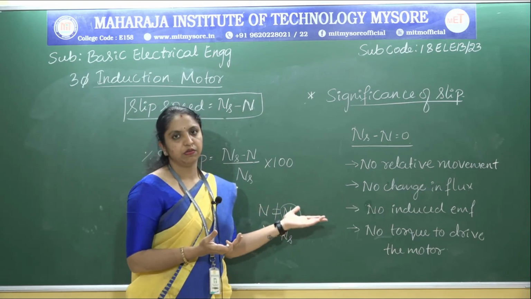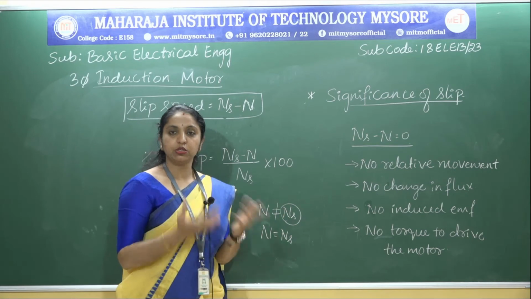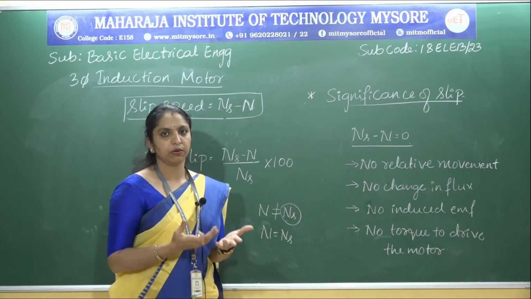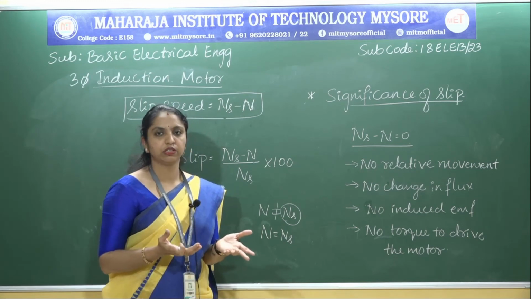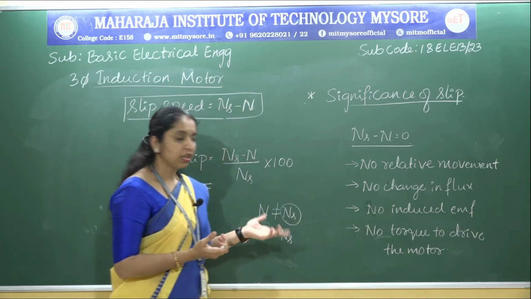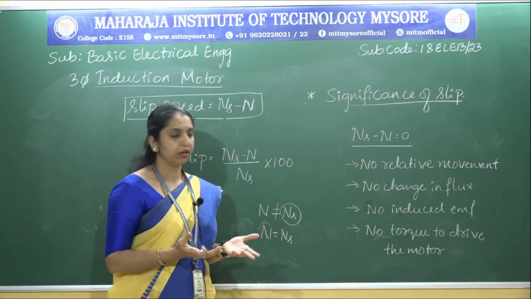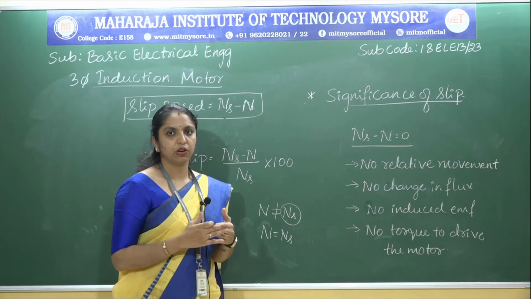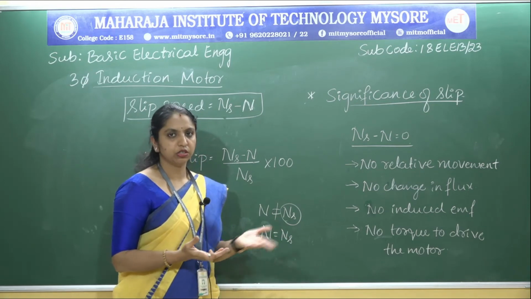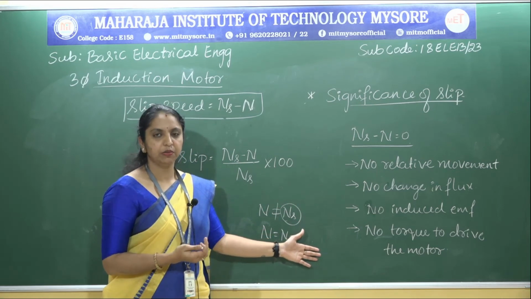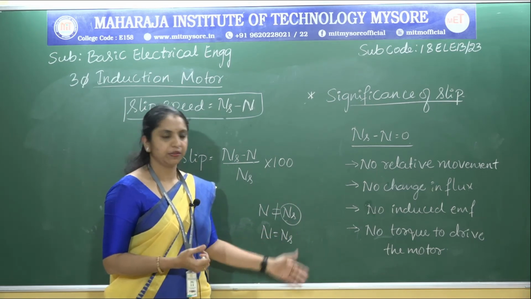And when there is no change in flux, EMF will not be induced. So finally, when there is no EMF, there is no torque to drive the motor. There will not be any torque produced to drive the motor. So this is the significance of slip, which is very, very important.